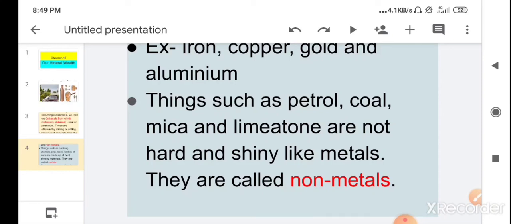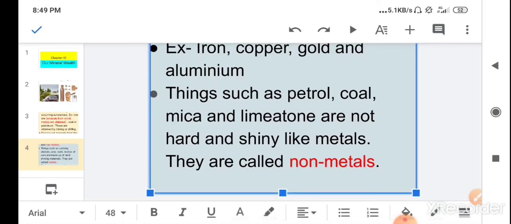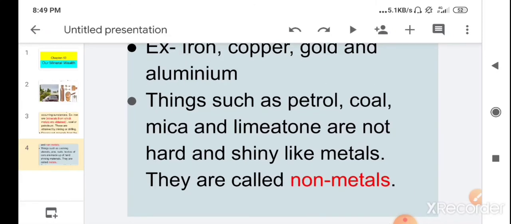These non-metals are not hard like the metals iron, gold and copper.